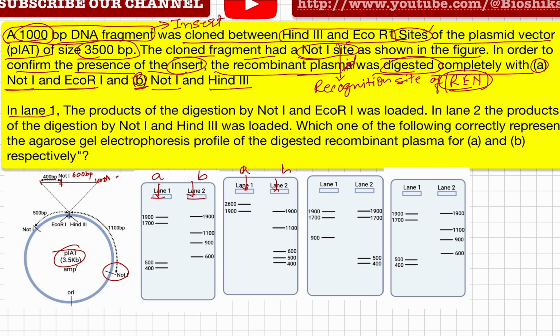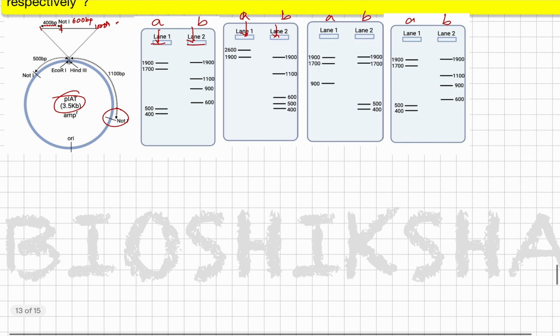Now you have to identify: the product of digestion with NotI and EcoRI was loaded in lane 1, and in lane 2 the other product was loaded. Which one of the following correctly represents the agarose gel electrophoresis? You have to identify which among the 4. So basically from this question, you have to identify how many fragments there are and what the size of each fragment is.